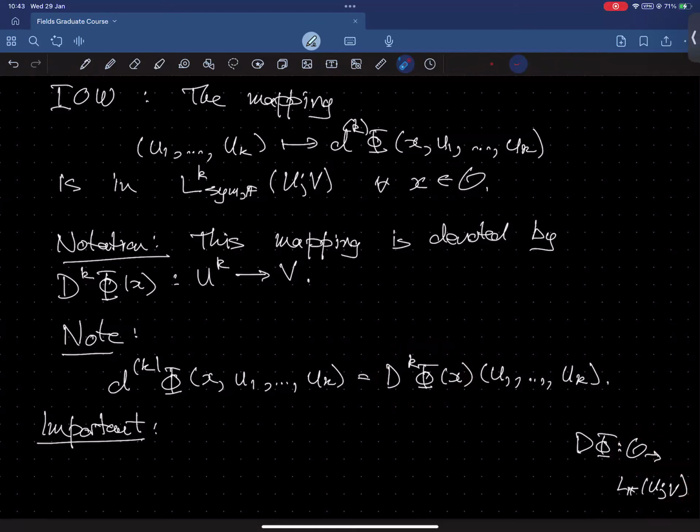And what I said previously was that this thing is generally not continuous. Well, of course, that's also true here.